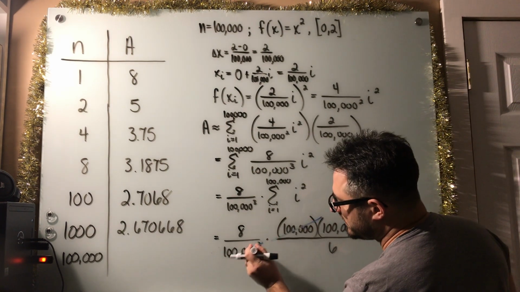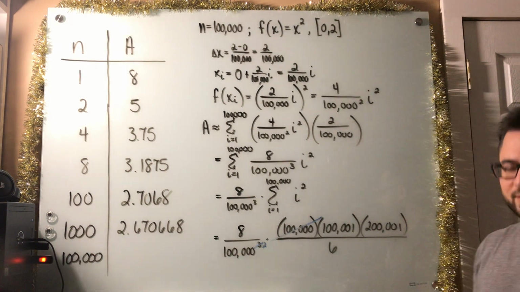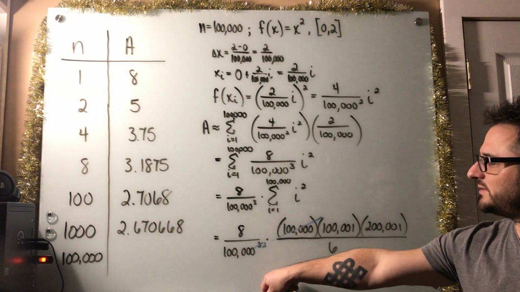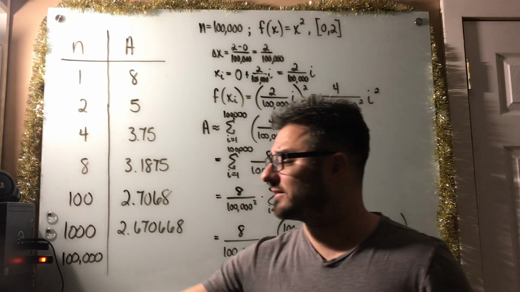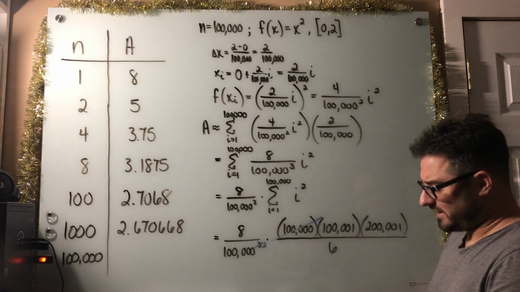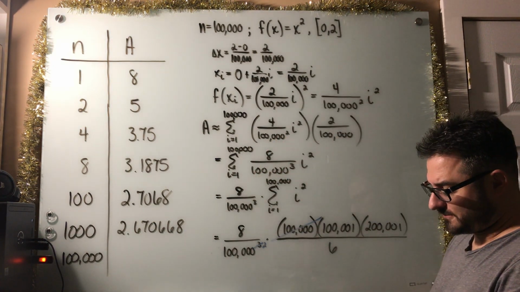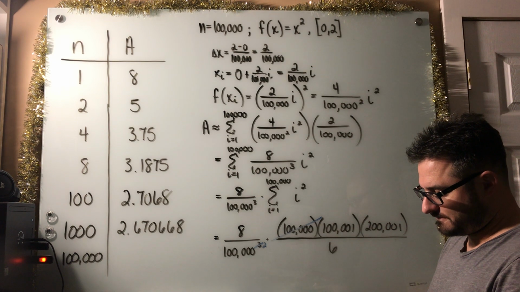Once again, our one single bit of cross simplification we can do. I mean, there's other things we can do, but really at that point, why bother? It's not going to make it that much easier for us. So let's go in.